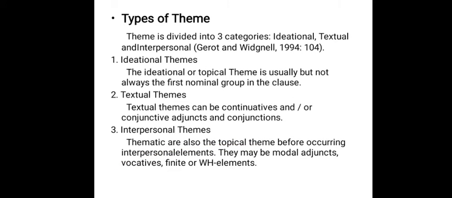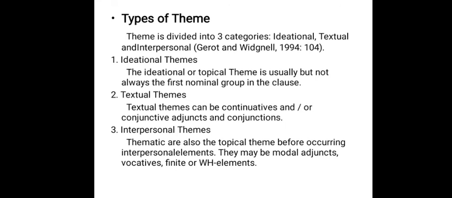Alright, then the next is types of theme. Theme is divided into 3 categories. The first ideational, the second textual, and the last interpersonal, by Gerot and Wignell, 1994. Ideational theme is usually, but not always, the first nominal group in the clause.